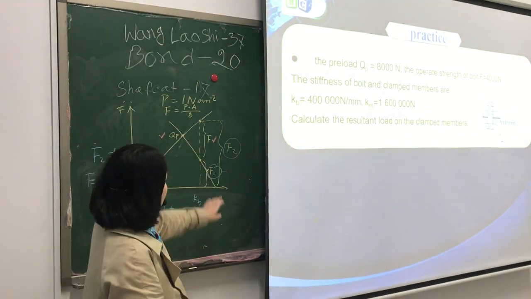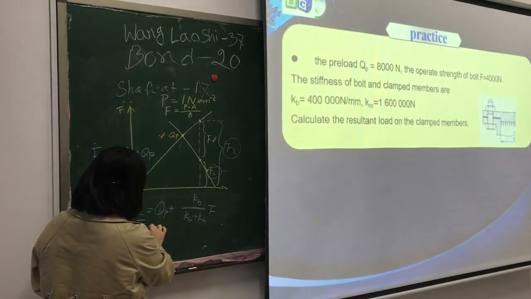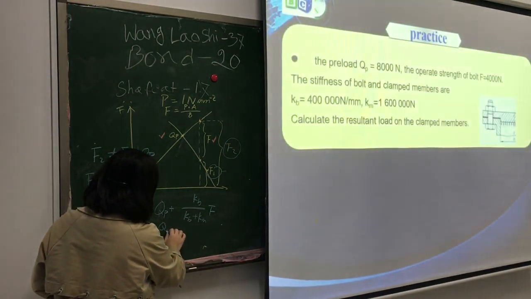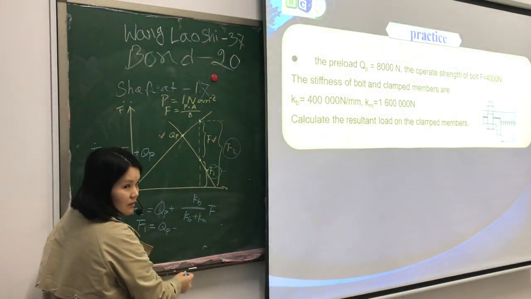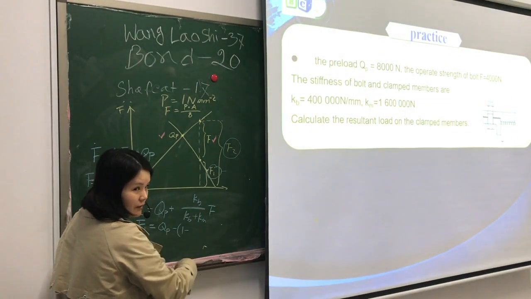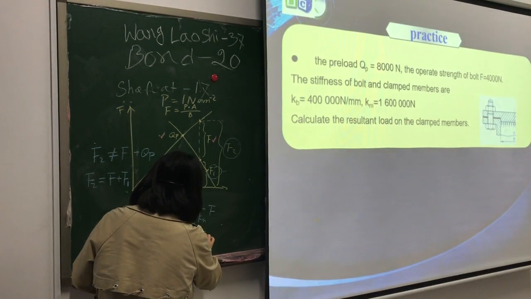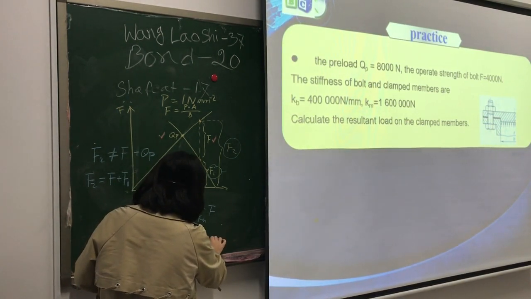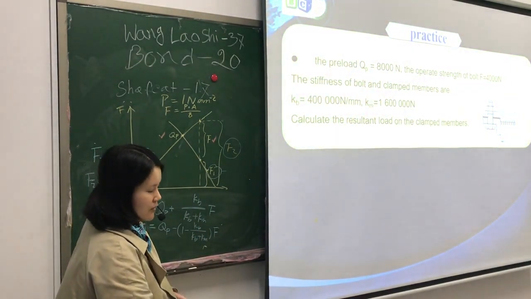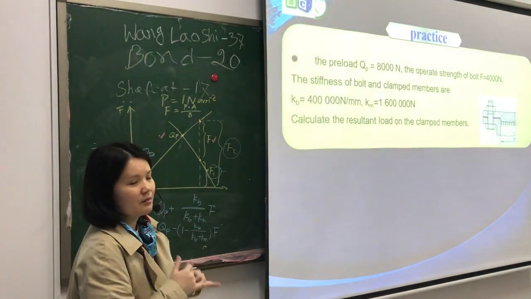Use the equation F1 equals QP minus (1 minus the relative stiffness coefficient Kb over Kb plus Km) times F. So calculate the resultant load on the connected members.